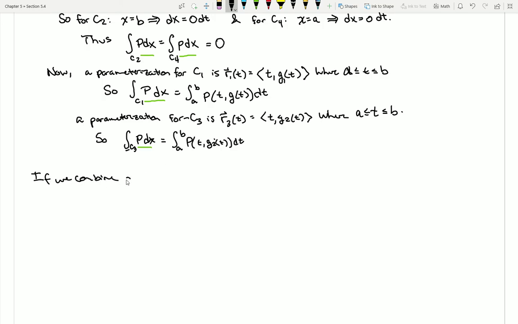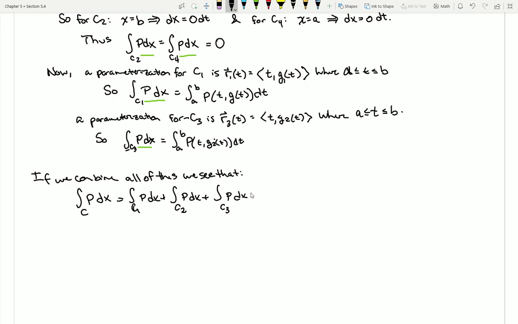So if I was to combine all this information, we see that if I wanted to integrate p dx across all of C, that would mean that I would have to go across C1, and then across C2, and then across C3, and then across C4.